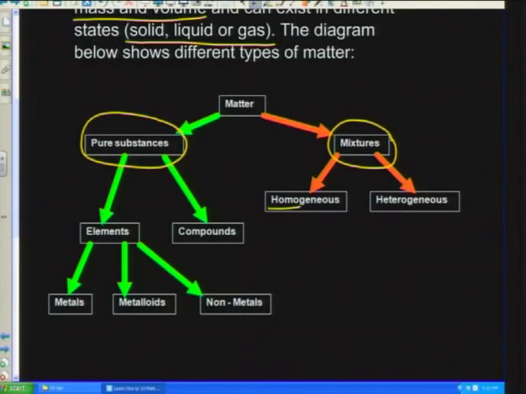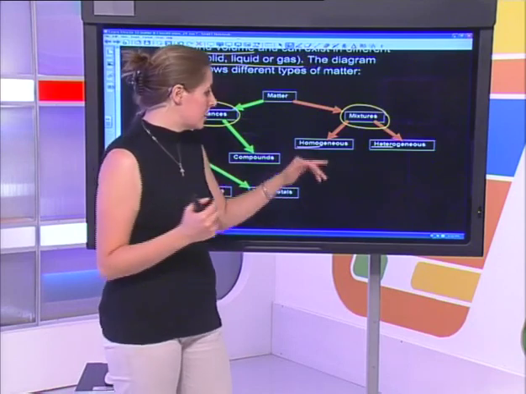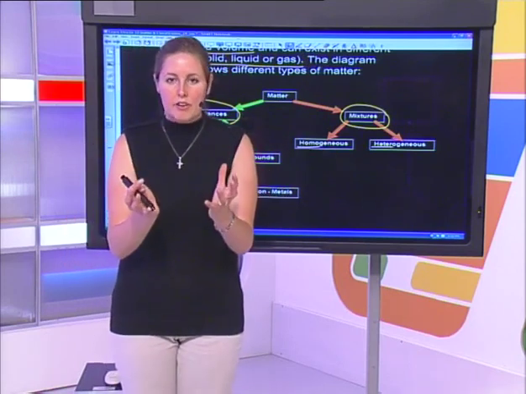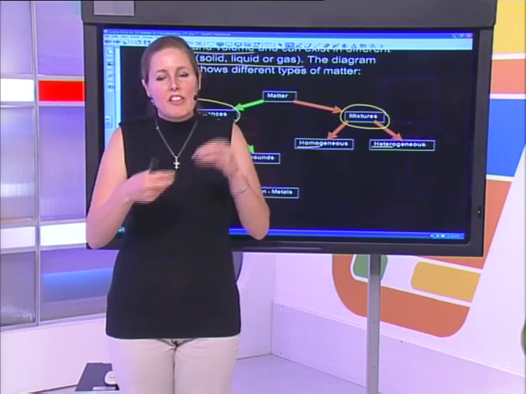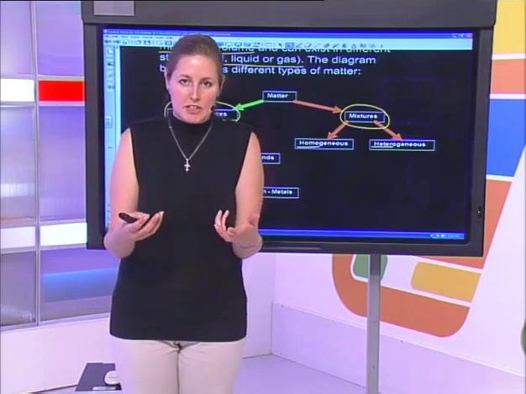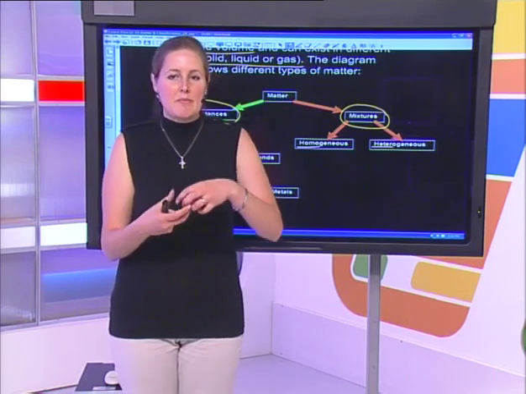So, homogeneous and heterogeneous. Hetero means different or other, okay? Whereas homo means the same. So when you're looking at a homogeneous mixture in front of you, you can't see the various different particles or substances that are making up that mixture. Maybe it's going to be some salt water.